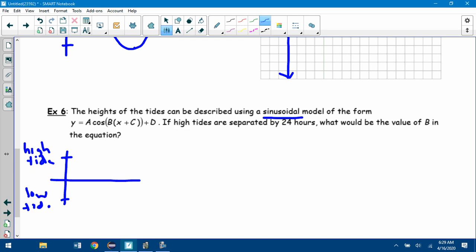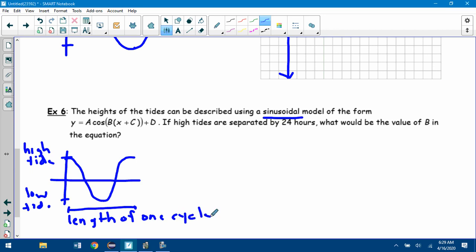And it's a cosine graph. So it starts up, goes down to low tide, comes back up. But I know that one cycle from high tide to high tide is 24 hours. So in other words, the length of one cycle is 24 hours.